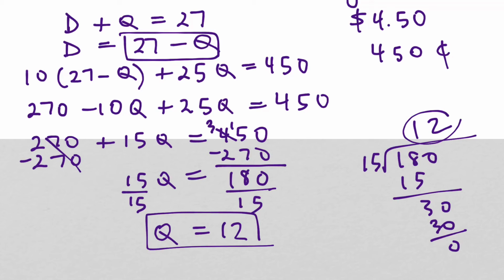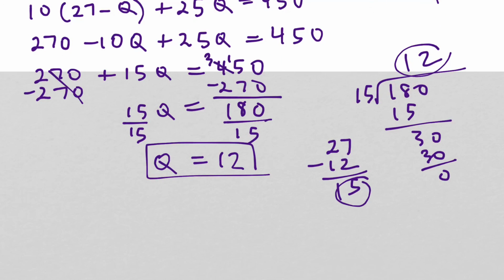So that's my number of quarters. Now if I have 12 quarters, then if I go back up to my original two equations, if Q is 12, then D is 27 minus 12. That's 15, right? So the number of dimes is 15, and I've solved my problem.